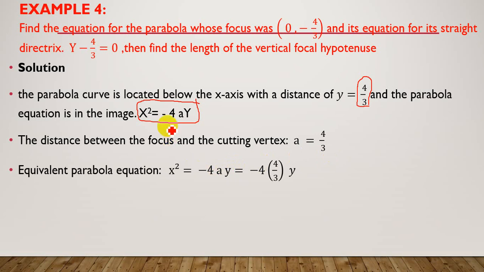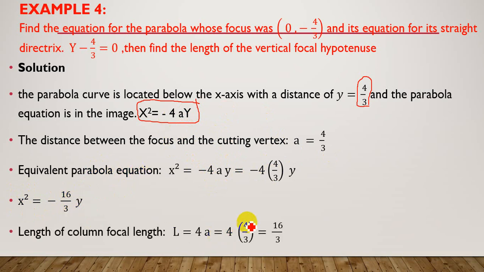When we substitute in that equation, it will be minus k. So this is our equation right now for the parabola. The equivalent parabola equation will be like that, and lastly 4a will be 16.